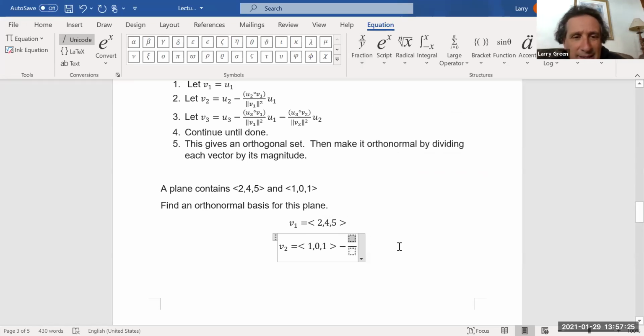And then I have to take the dot product, it says, of U2 and V1. So that's going to be 2, 4, 5 dotted with 1, 0, 1.